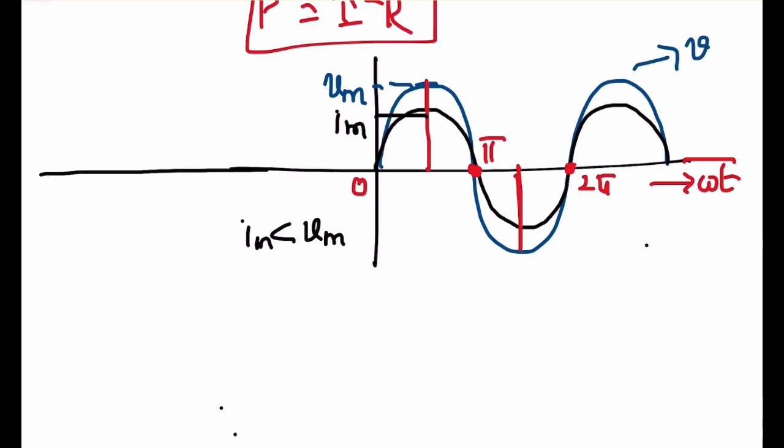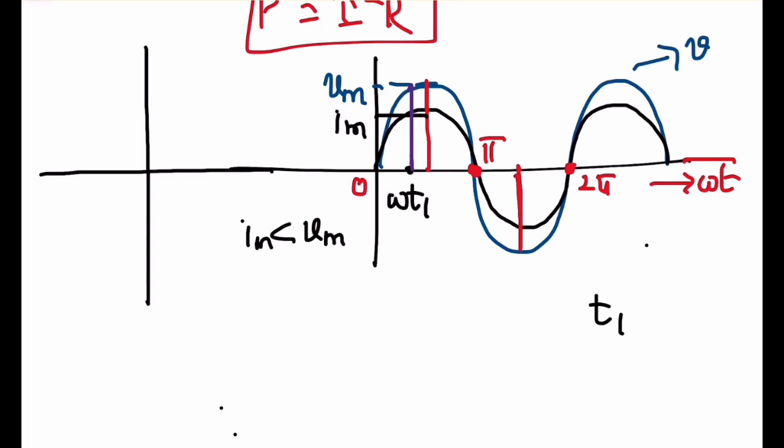At any instant of time t1, let this be omega t1 is the value, and take some straight lines like this onto the top. When you are drawing in the beginning you can make it as a practice.